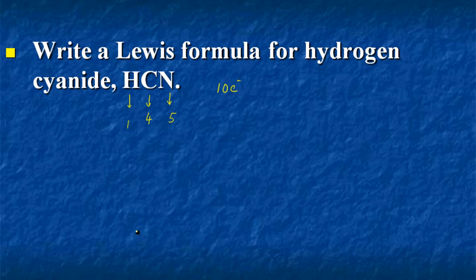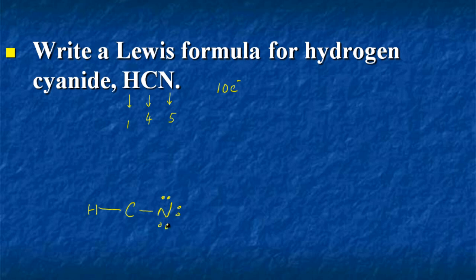Okay, who goes in the middle? Carbon. So we have a nitrogen and a hydrogen. Hydrogen is all set. So how many are we showing right now? 4. How many more do we have? 6 more. Starting with the peripheral atom, you put those 6 electrons.